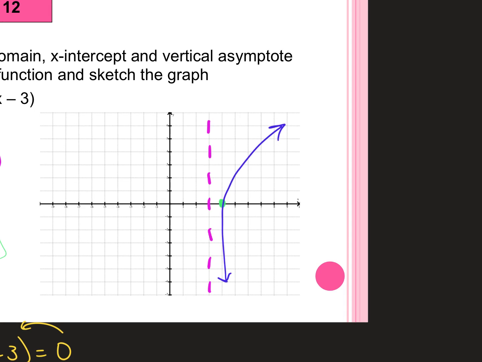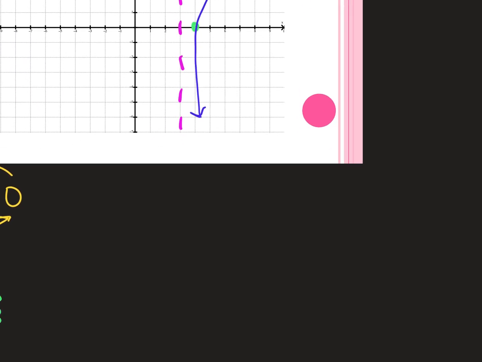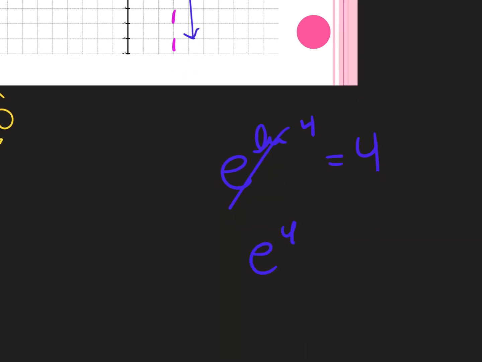Okay. So now look, when you guys get to WebAssign, and some of you are going to look at this, there's a question. I think one of them says like e to the ln 4 equals 4. Right? Is that true? That's a true statement. So then down here it says e to the 4 equals, and you have an answer box.